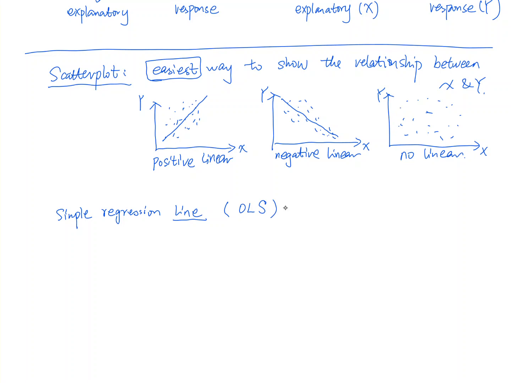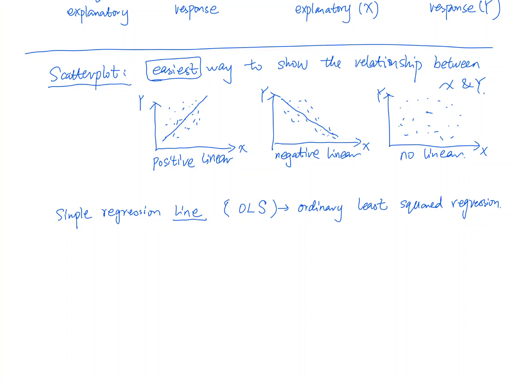So what is this? This is short for ordinary least squared regression. Right, so actually these two are the same thing.